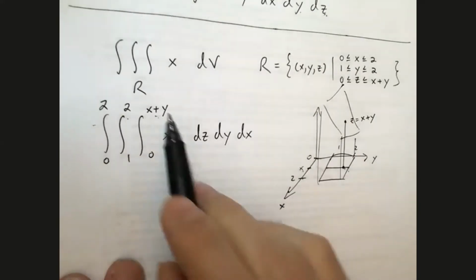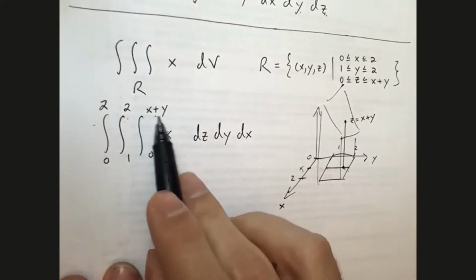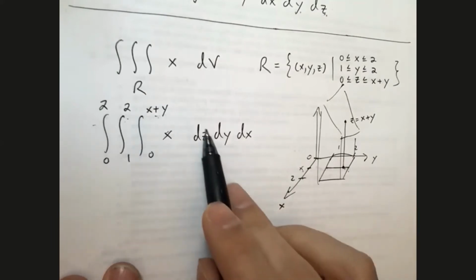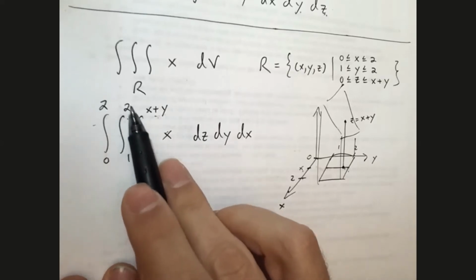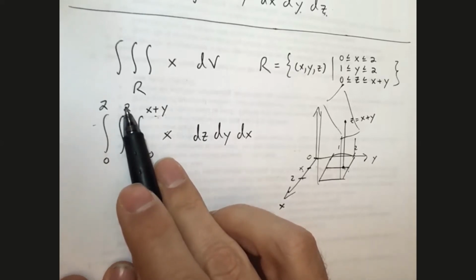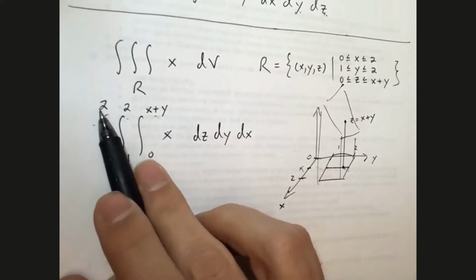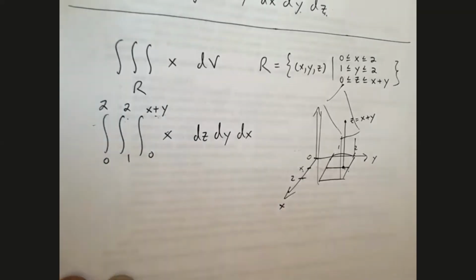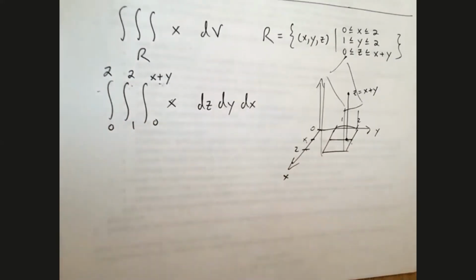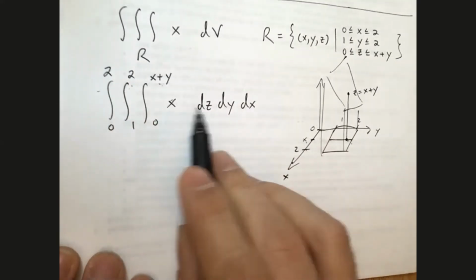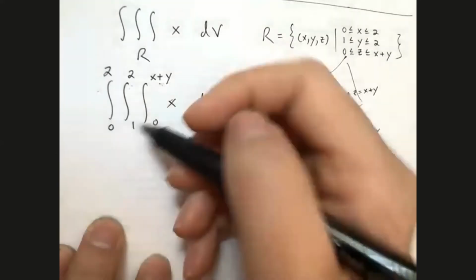You'll also notice that these variables will never be the same as this one here, all right? And this variable will never have a z or an x in it, for kind of the same reasons. And these will always just be numbers on the outermost integral. All right, so let's unwind this integral and see what we get. So first we're going to find the antiderivative with respect to z.